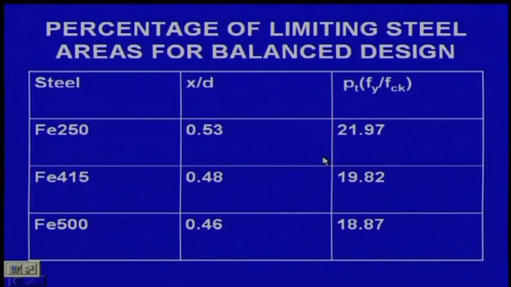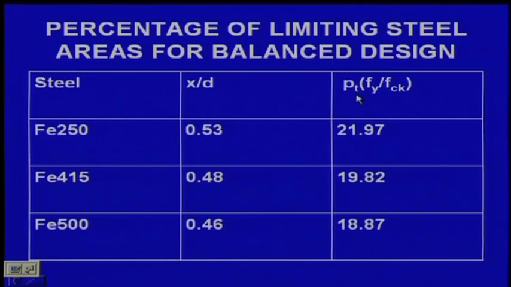Just to conclude this session, we shall say that percentage of limiting steel areas for balanced design, we can find out the derivation, other things I shall give you at a later stage. We can find out for different steel the x u by d or x by d, whatever you say, and the percentage of steel.